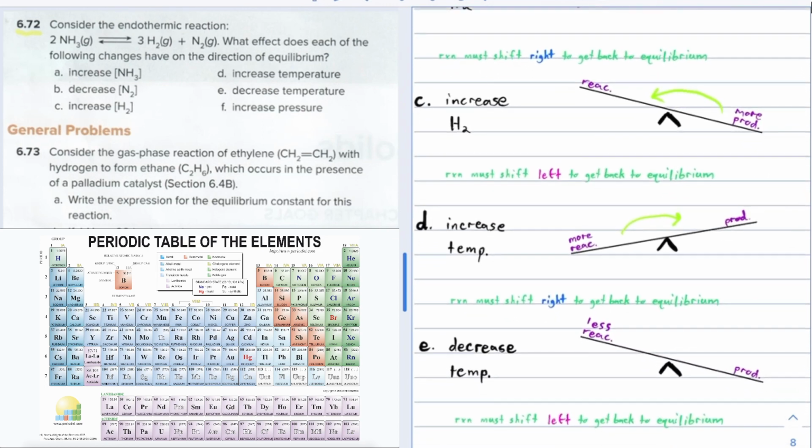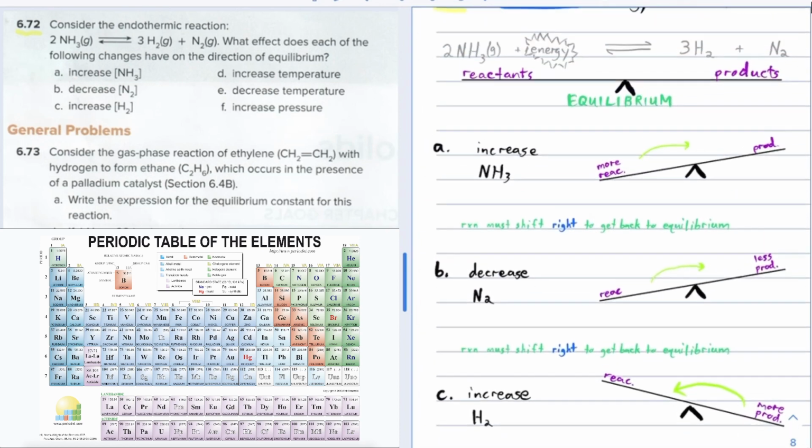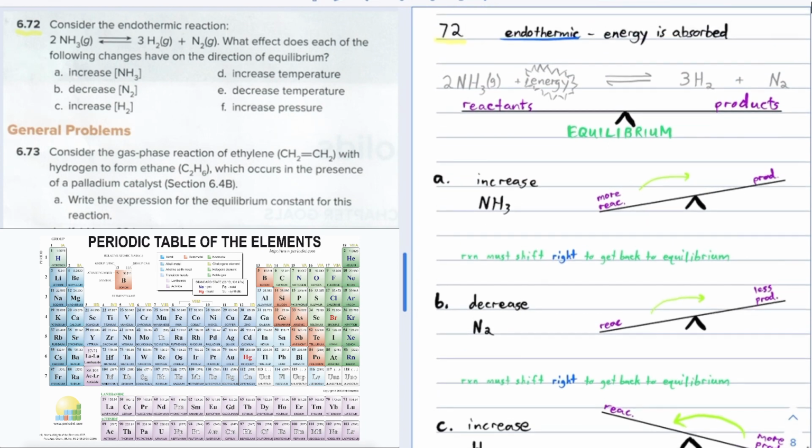Decreasing the temperature would have the opposite effect. Remember, decreasing the temperature, you're removing heat, you're removing energy. Energy is one of the reactants for an endothermic reaction.